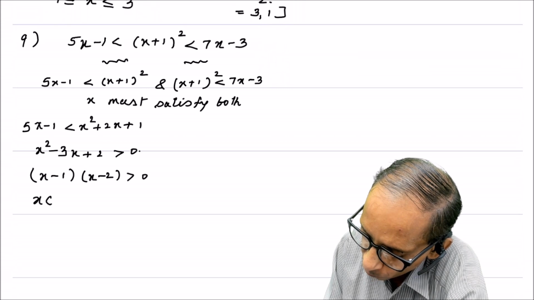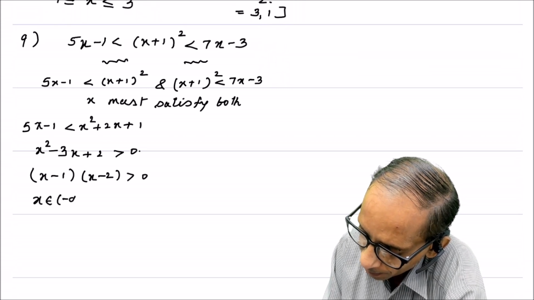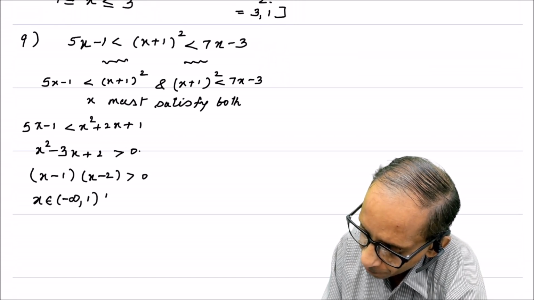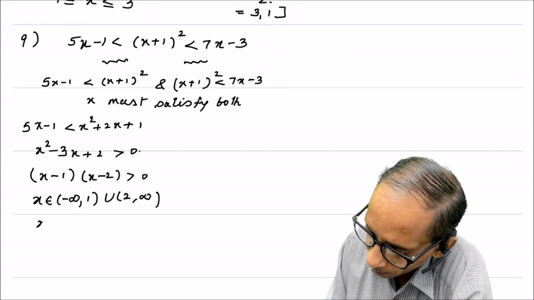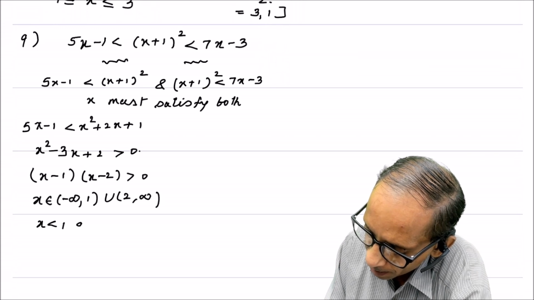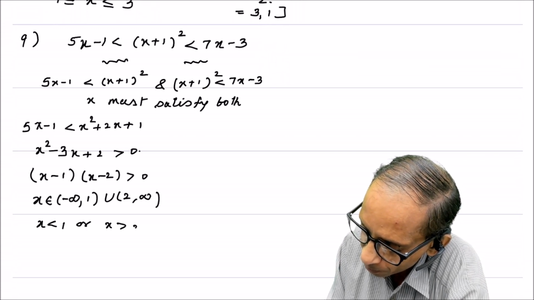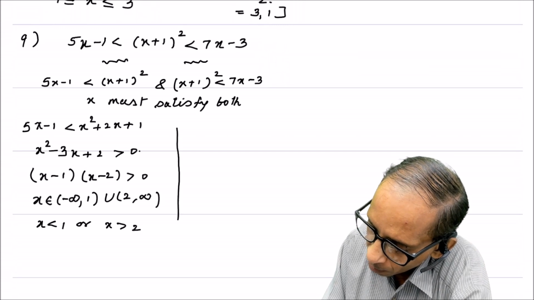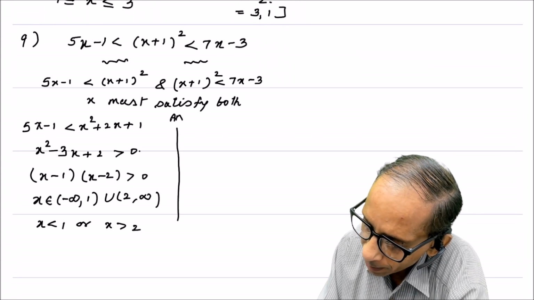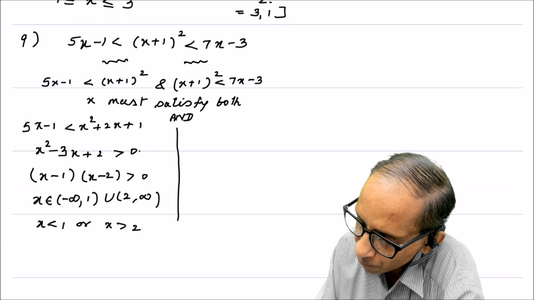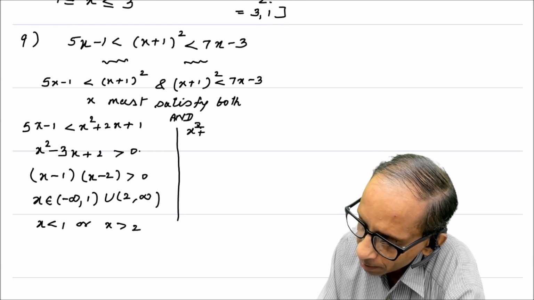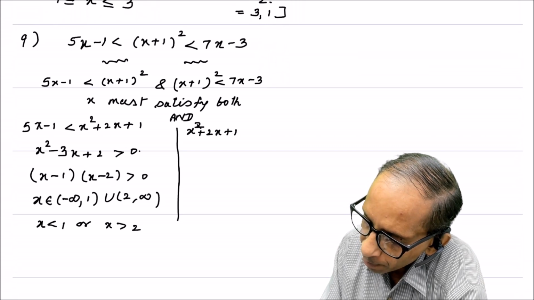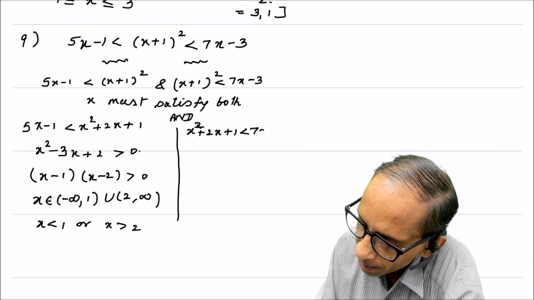And the conclusion was x is in the region minus infinity to 1 union 2 to infinity. Or to put it in other words, x is less than 1 or x is greater than 2. Now the second inequality also has to be satisfied. So x square plus 2x plus 1 should be less than 7x minus 3.